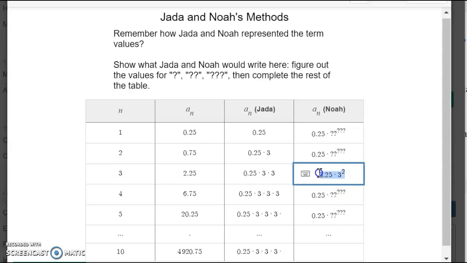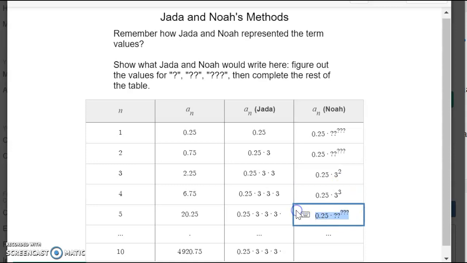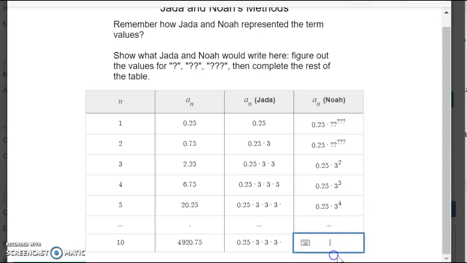And 3 times 3 times 3 is the same as 3 to the power of 3. And 3 times 3 times 3 times 3 is to the power of 4. And for this one, we multiplied it 9 times. Okay, so it's going to be 3 to the power of 9.